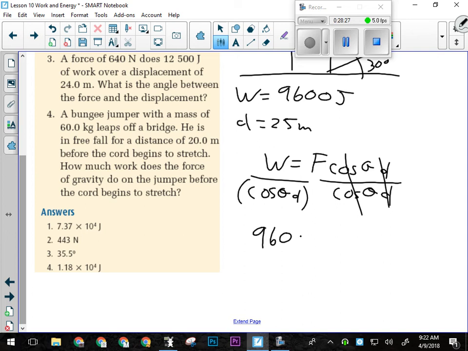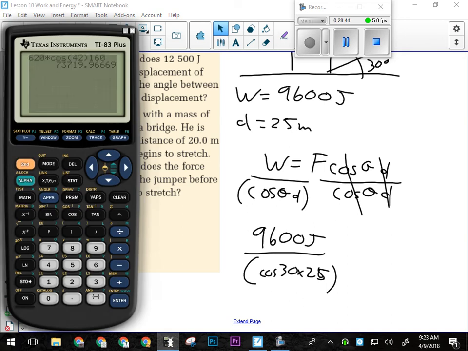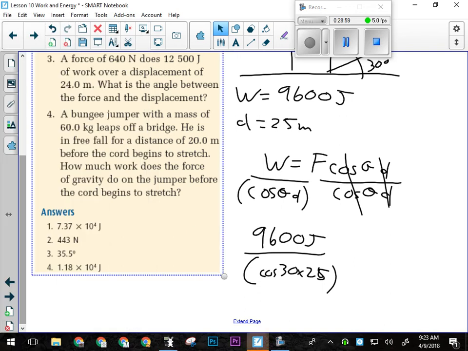So 9,600 joules divided by, in brackets, the cos of 30 times 25 meters. Sorry, it was 25 meters, wasn't it? All right, 443 newtons, which is what they've got there.